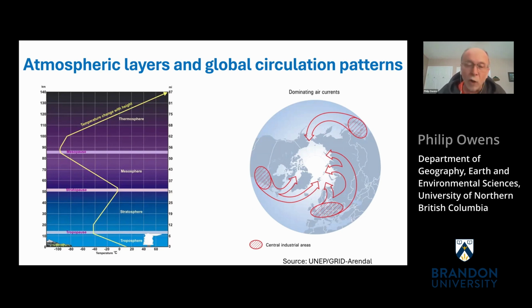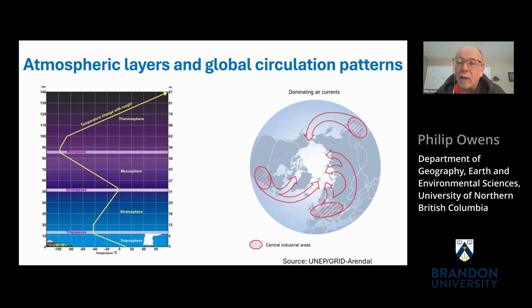Whereas in the case of Chernobyl, because it only got into the troposphere, that radioactive material was more local. It was European and parts of Asia. We didn't detect any really significant Chernobyl fallout in North America, for example. And then the other thing, which is shown on the right side of this plot here, is the fact that we have these prevailing wind and atmospheric currents that preferentially move parcels of air around the globe.